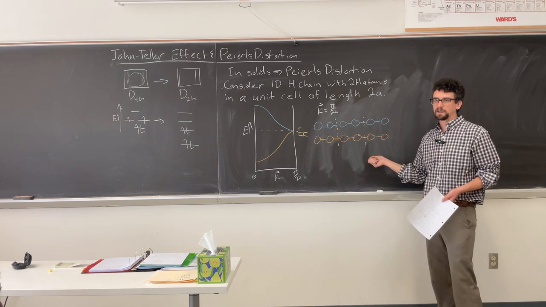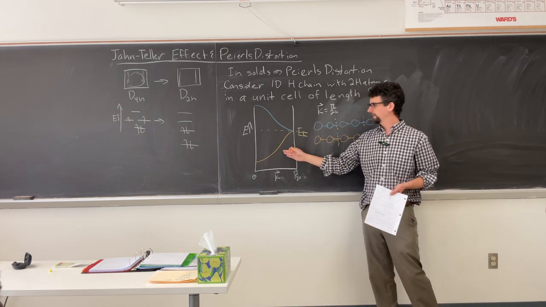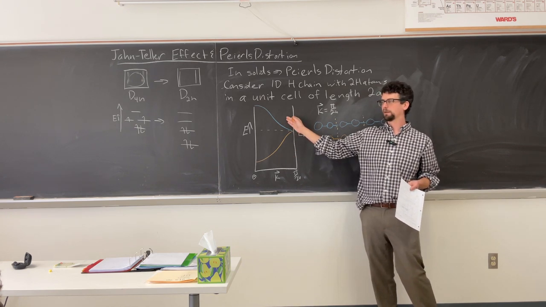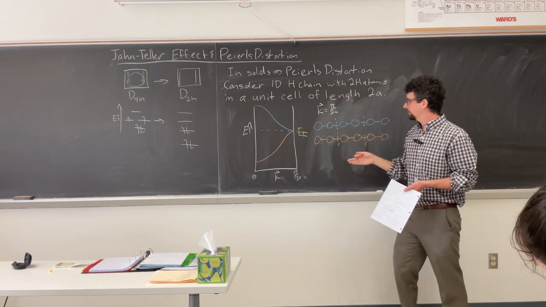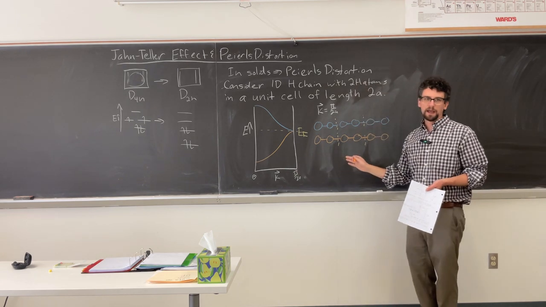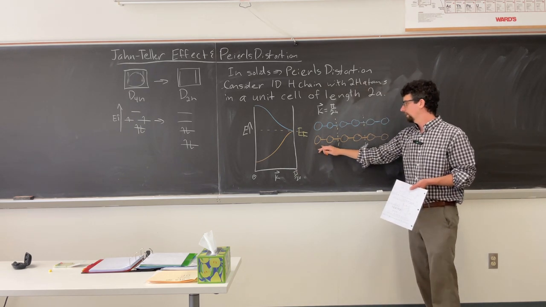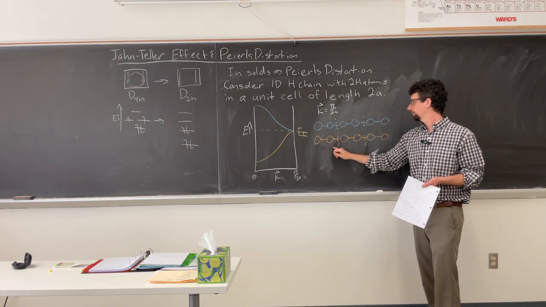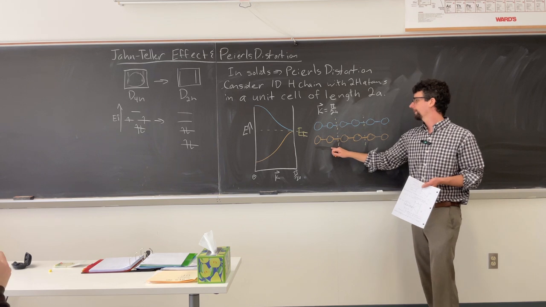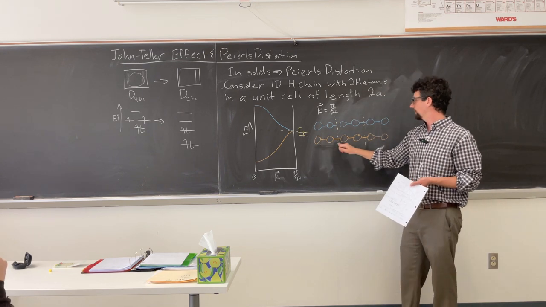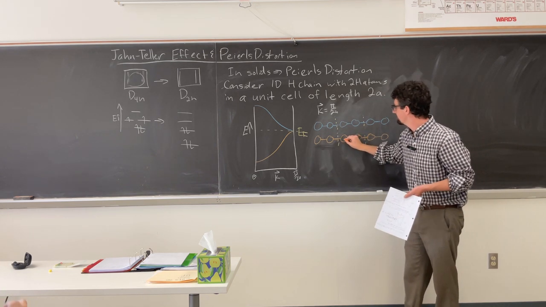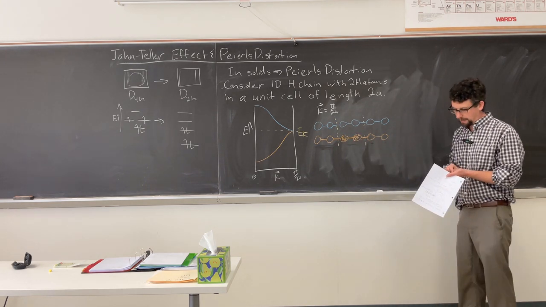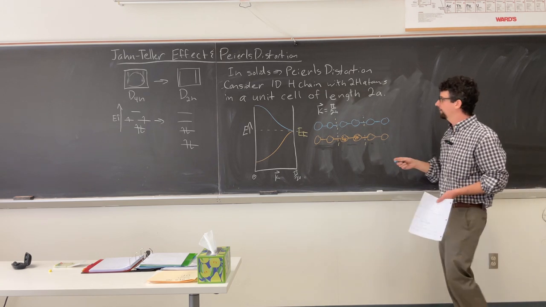If we shade these, remember this band was the sigma band. What was this one up here, the blue one? Sigma star. So now we're at the zone edge. How do I have to fill this bottom one in? These two are the same. Here? Same.